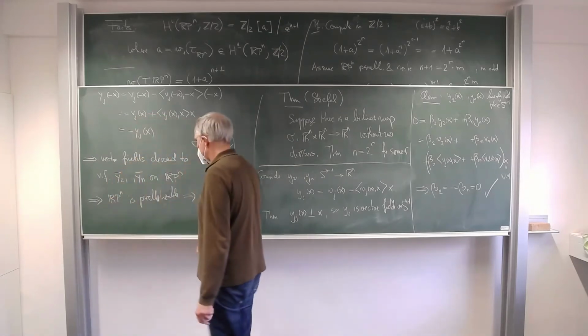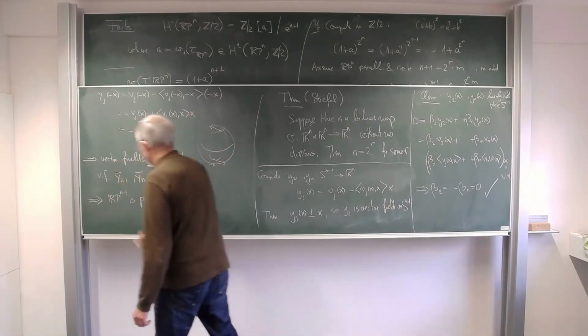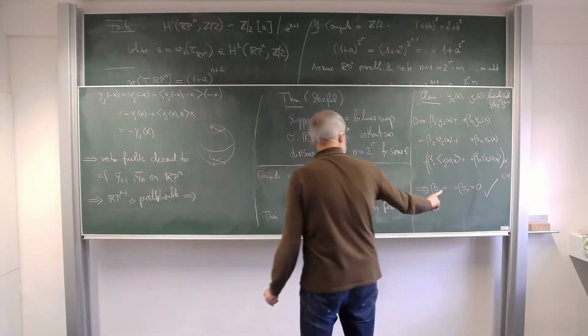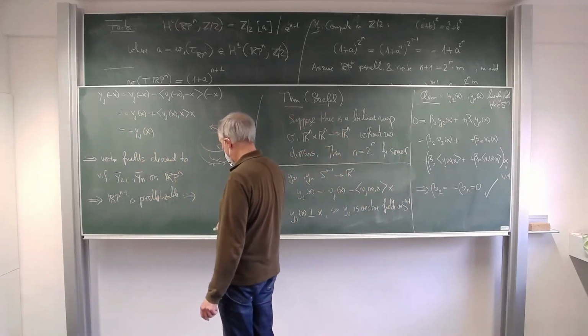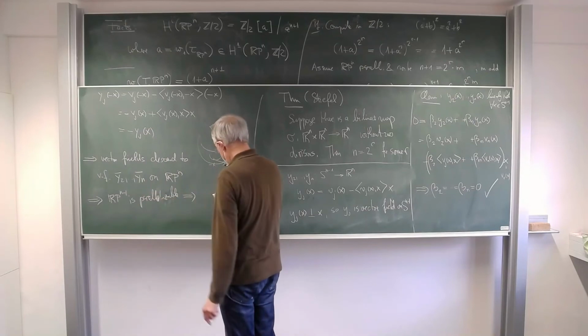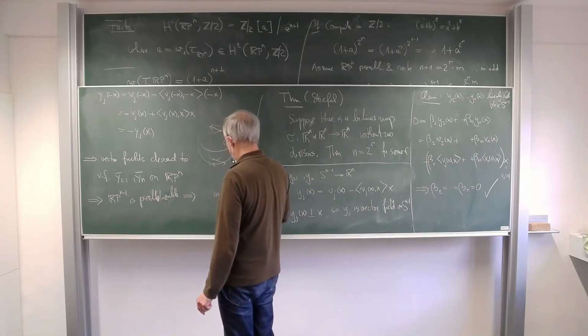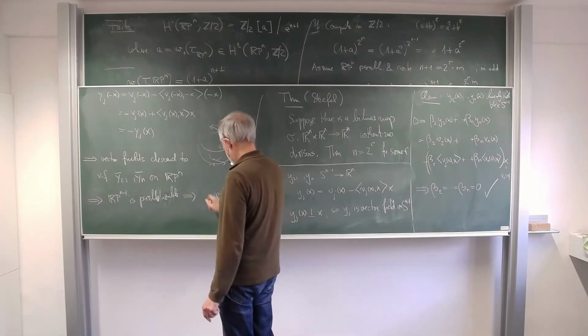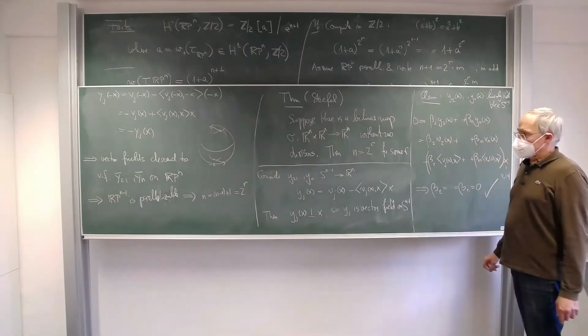And now by the previous theorem, we know that, no, this is RPN minus 1, so we're working on Sn minus 1. RPN minus 1 is parallelizable. And then from the previous theorem, we know that the dimension of this projective space plus 1 must be a power of 2. That's just n. And that proves it.